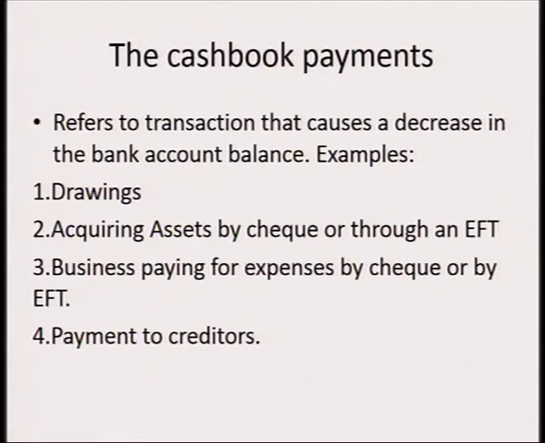And the business also pays for expenses by check or by electronic funds transfer, such as electricity, rent, fuel, transport, and payment to creditors. When you pay our creditors, the people that the business owes money, money flows out of the business and we record it in the cashbook on the payment side.